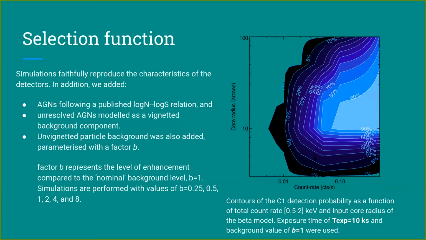And you see here the probability of a source to get detected and selected as a cluster based on these two values. This is one example for an exposure of 10 kiloseconds. Of course, we have 20 kiloseconds and various backgrounds. So we have various selection functions depending on the background and the exposure time.